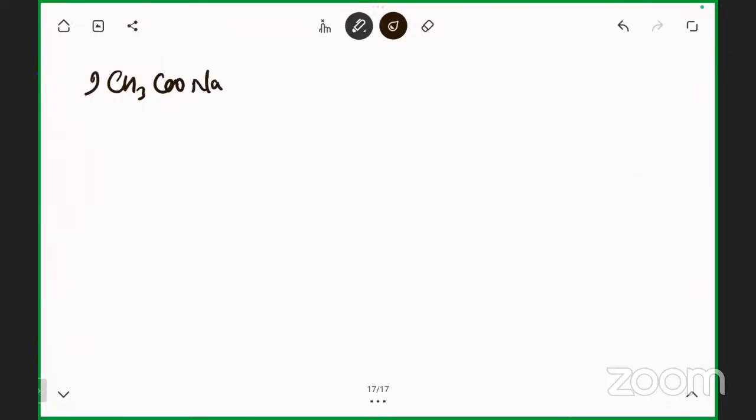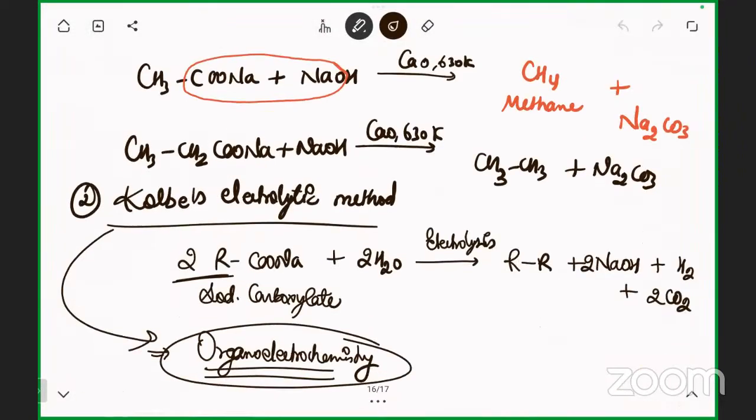CH3COONa, two molecules, plus two molecules of water in the presence of electrolysis. Just remember the basic reaction always. So if you have written it, then tell me the product of this reaction.